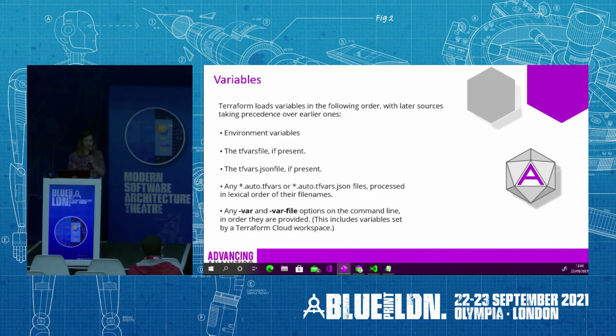This is when you're in the command line and you're doing a terraform apply or terraform plan. You can have a -var for every variable you want to populate, which we do in DevOps a lot when we're pulling all of our secrets in from Key Vault in Azure DevOps. If you were on AWS, for example, that would be Parameter Store. So that's a good way of getting all of those values in there in a safe way.